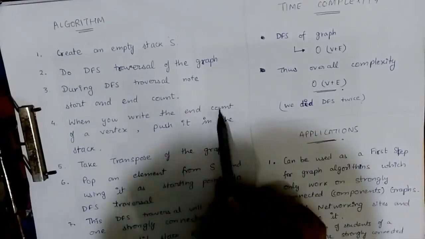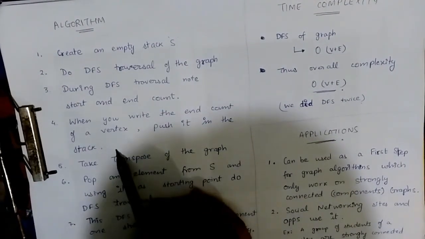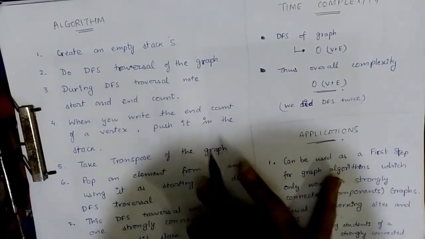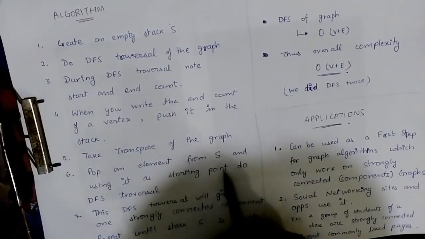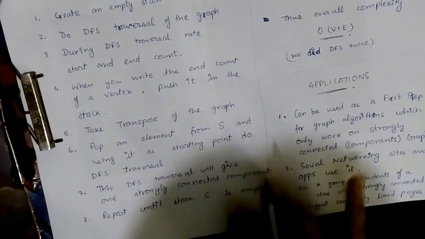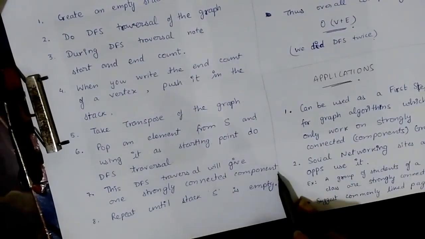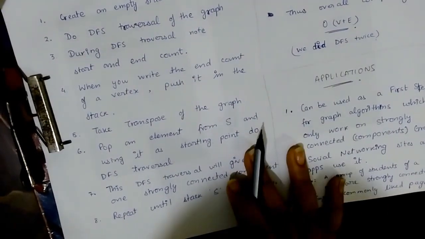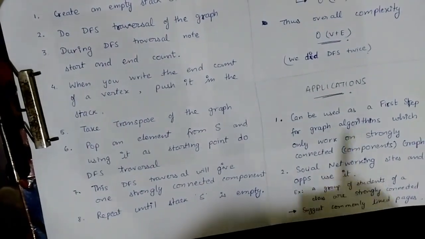Then we write the end count of a vertex and push it in the stack. Take the transpose of the graph now, pop an element from stack S, and using it as the starting point, perform DFS traversal. This DFS traversal will give us one strongly connected component, and we'll repeat this until stack S is empty.